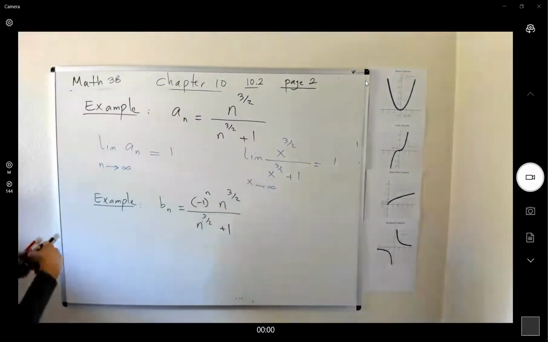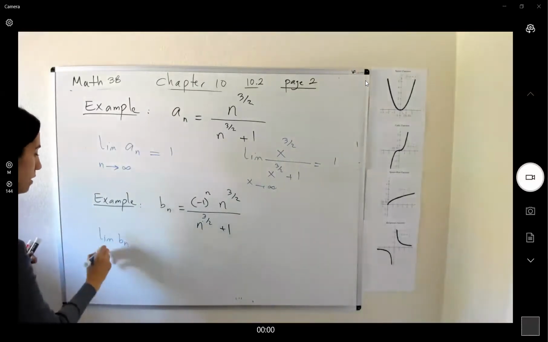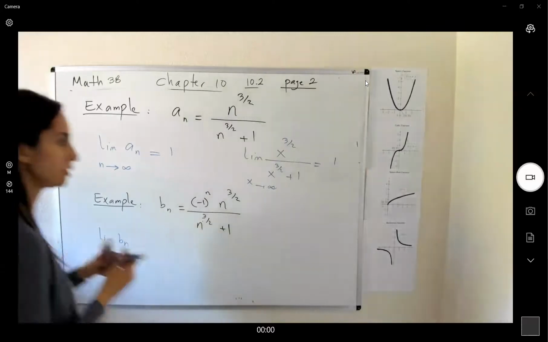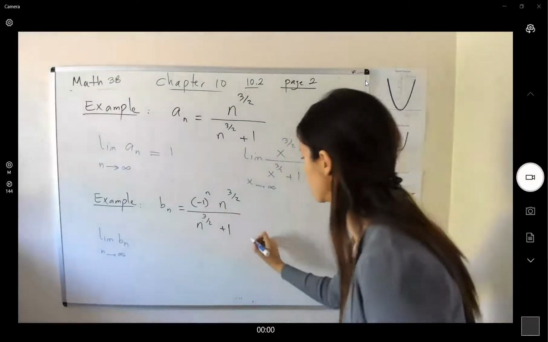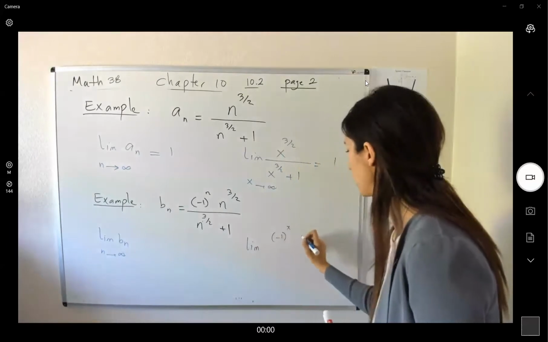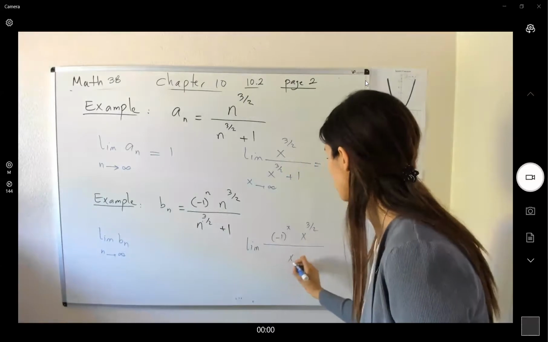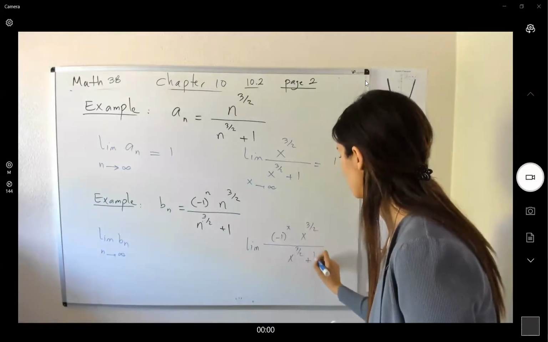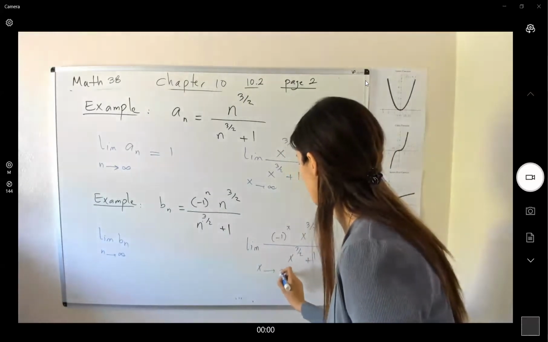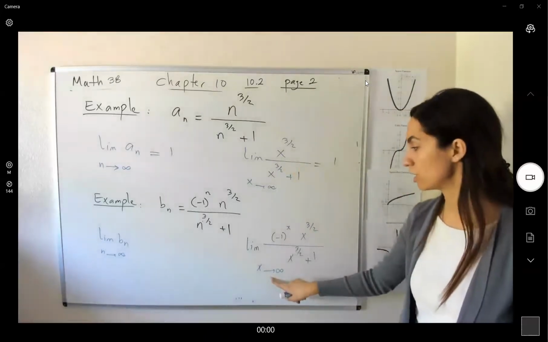The limit of v sub n as n goes to infinity, equivalently, you can find the limit of negative 1 to the x times x raised to 3 halves divided by x to the 3 halves plus 1 as x goes to infinity.